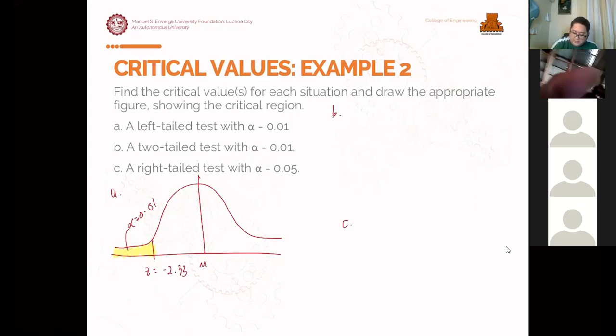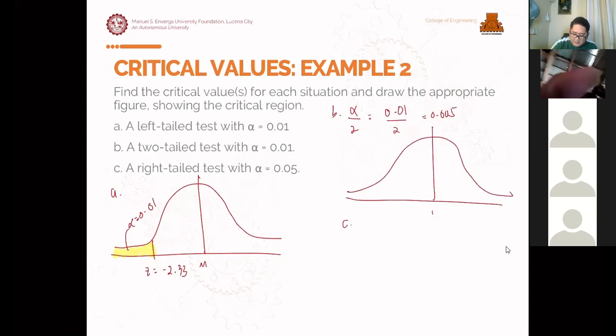Letter B, we have a two-tailed test. Alpha divided by 2, so 0.01 divided by 2 is 0.005. Okay, the value of our z-score. I think this is the same as what we computed earlier. So this is alpha 0.005.